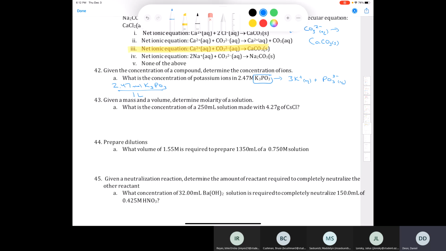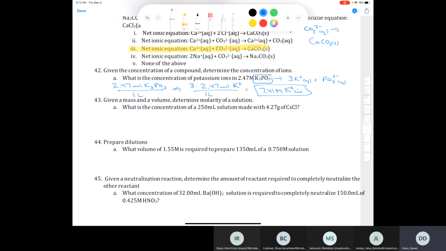And so that means you're going to have 3 times 2.47 moles of K+ in 1 liter of the solution. So if I multiply 2.47 by 3 and then divide that by 1, I end up with 7.41 molar K+ ions in my solution.